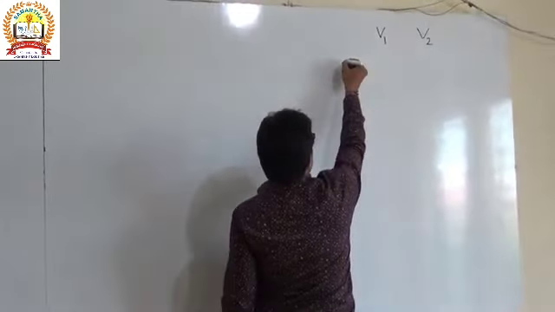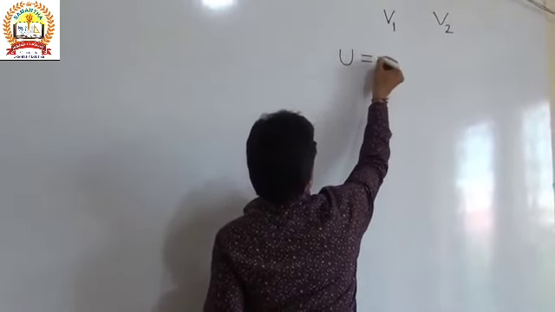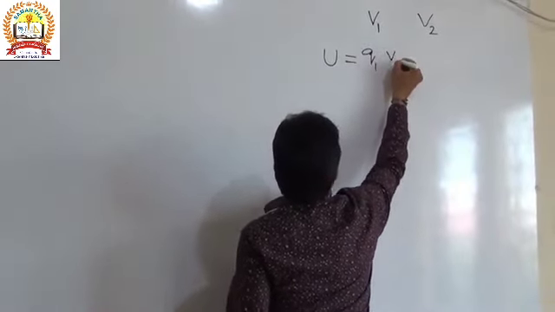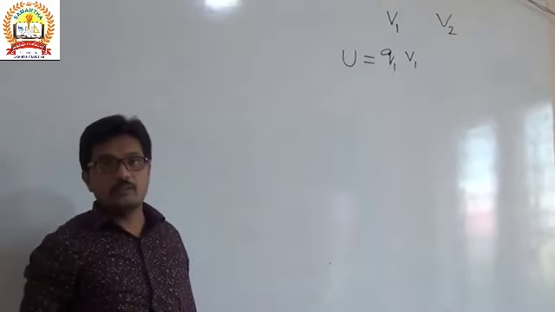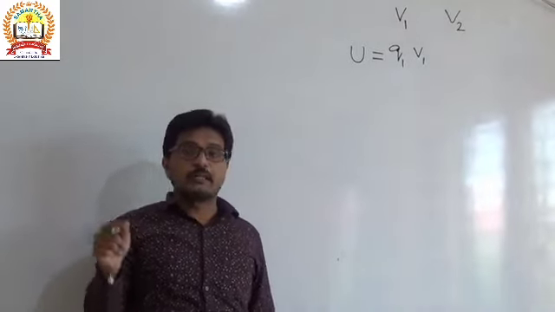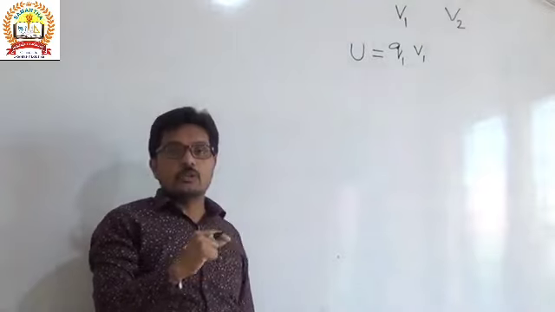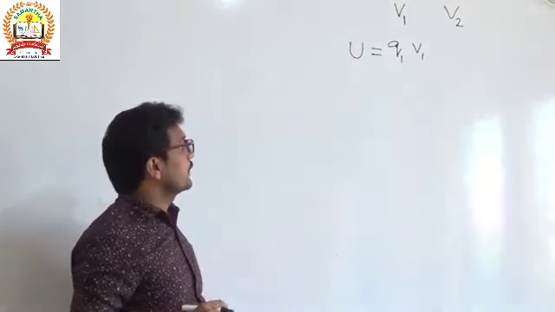Then the potential energy U is equal to Q1 V1. In last class I used the symbol V, the potential produced by the external electric field. Here V1 is also the potential produced by the external electric field.